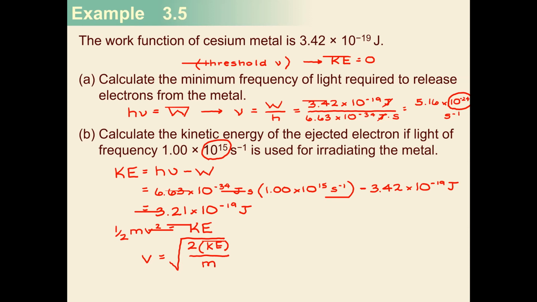So let's go and put all of that into our equation. So if I do that, I will get the square root of 2 times my kinetic energy, which I solved for. So that is going to be 3.21 times 10 to the minus 19th joules.